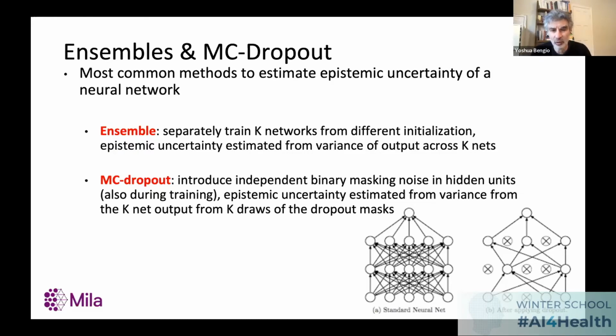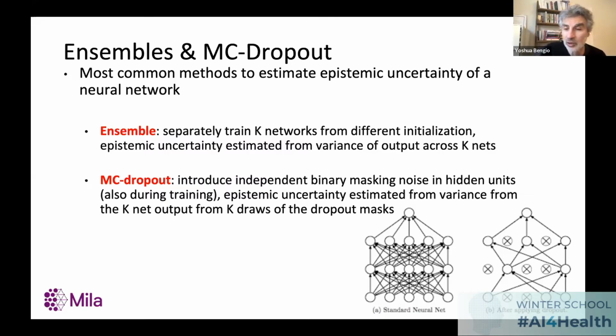It's a very special kind of noise where you turn off some units, you basically set them to 0. We have the normal neural net and we randomly drop out some of the nodes, so we have a sub-neural net that's left, and we use it to make our prediction. We can draw different binary masks that shut off these neurons, and each time we get a different answer.